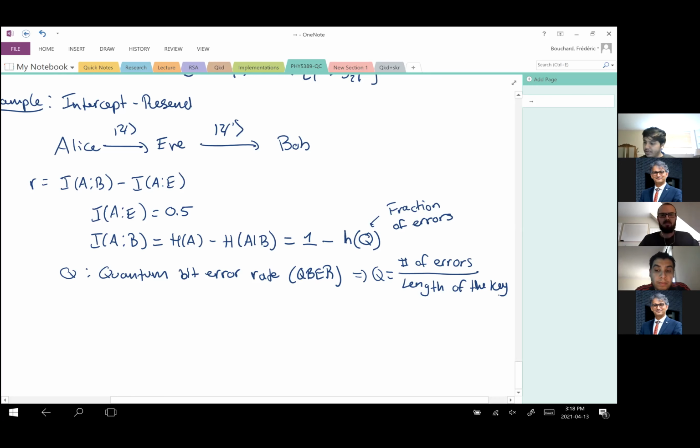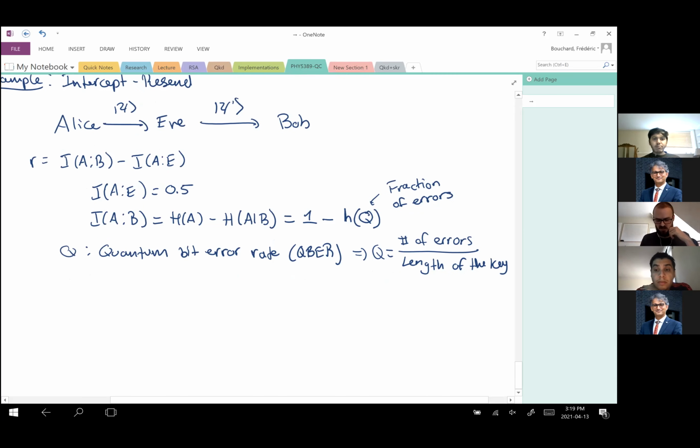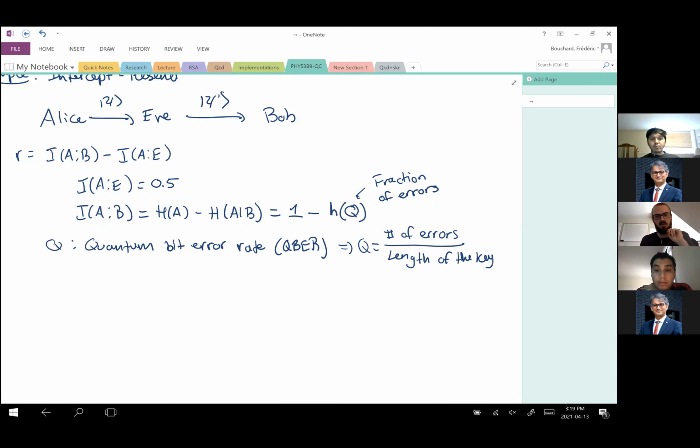Once Alice and Bob are done sending their photons, they need to call each other on a classical channel and take a fraction of their key and compare it, just to understand the fraction of errors they have. Because you need to know the quantum bit error rate, this value Q, if you want to know the mutual information between Alice and Bob.